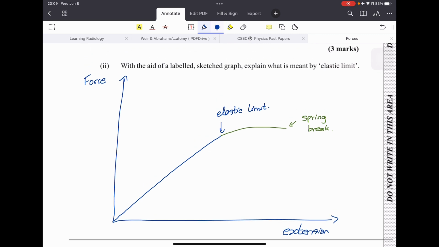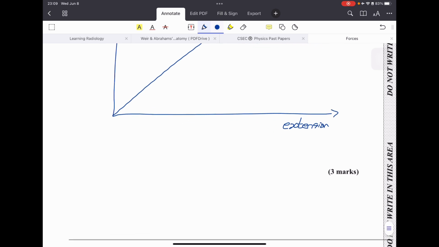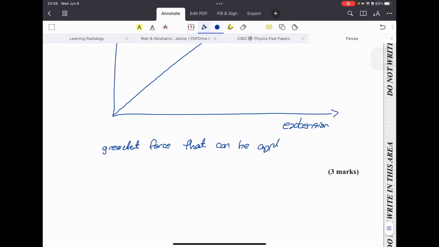So we have drawn the graph, but now we need to explain what the elastic limit is. So the elastic limit is the greatest amount of weight or force that can be applied without causing permanent deformation.